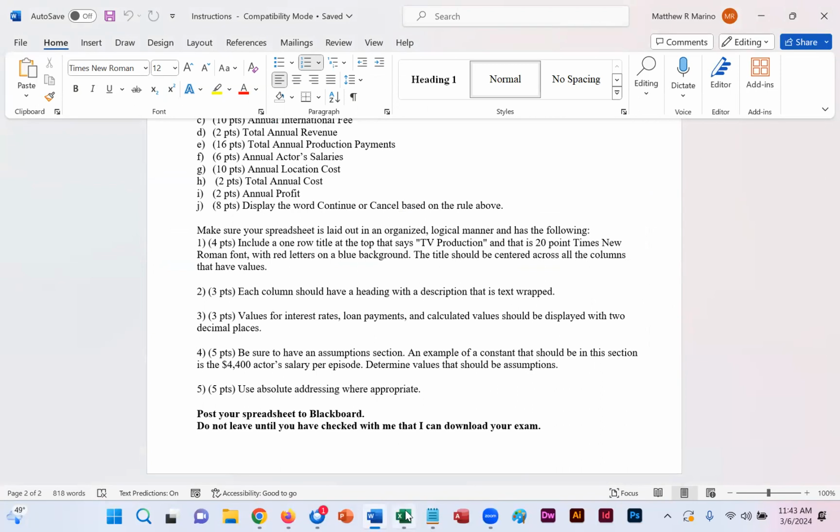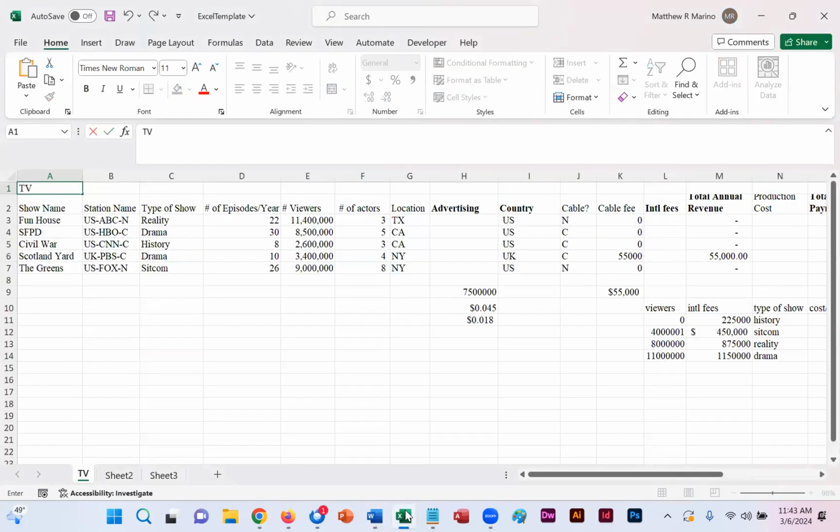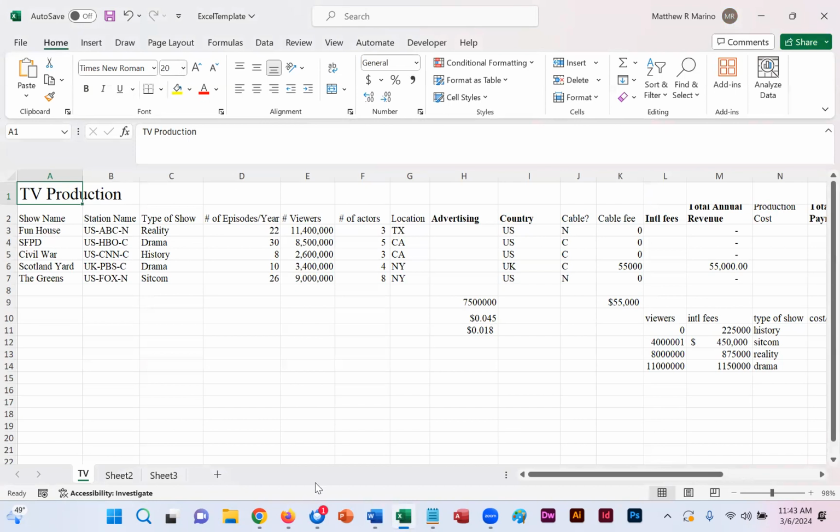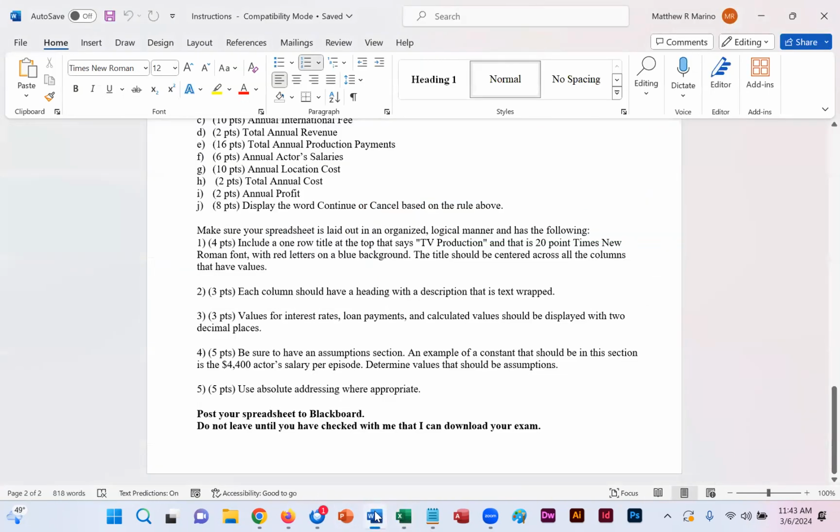Change it from 11 to 20. Times New Roman font with red letters on a blue background. It should be centered across all columns that have values.